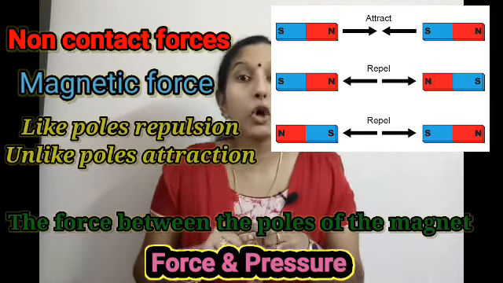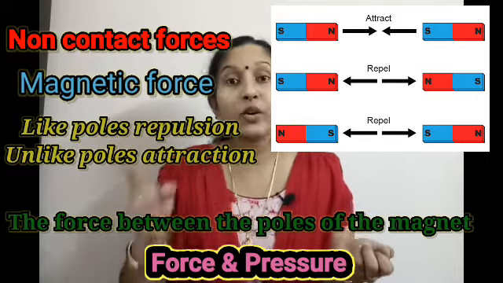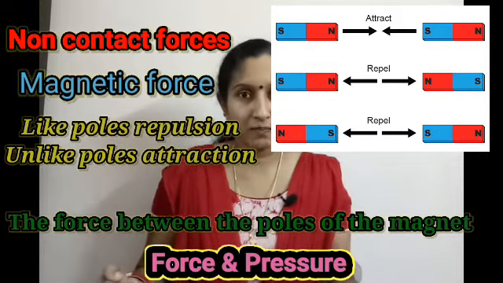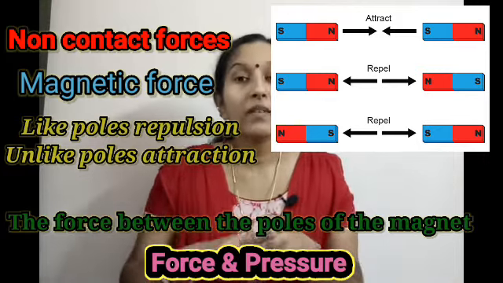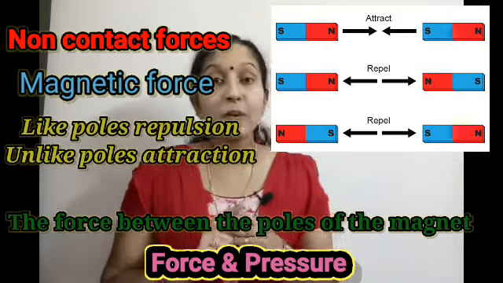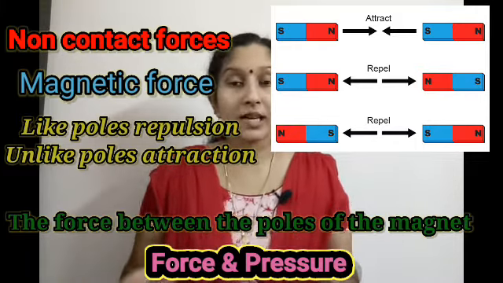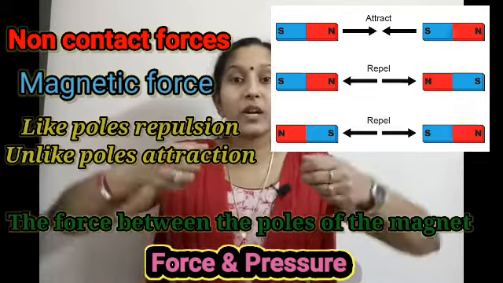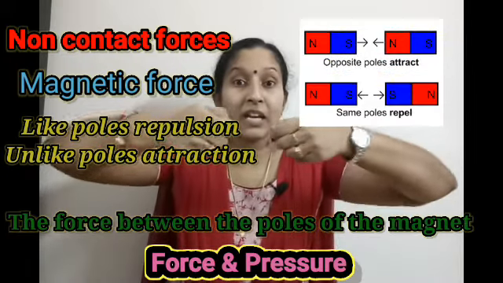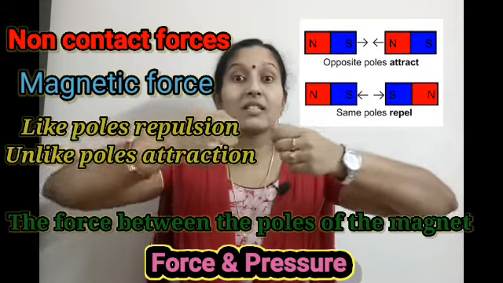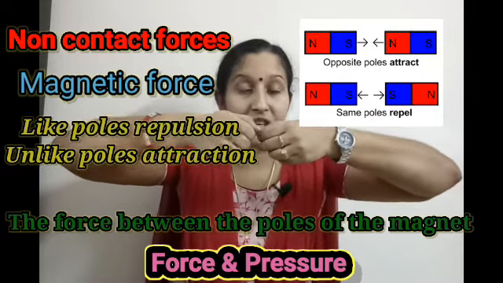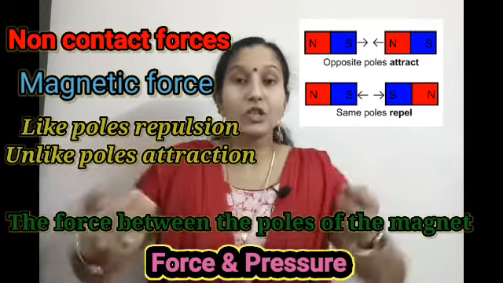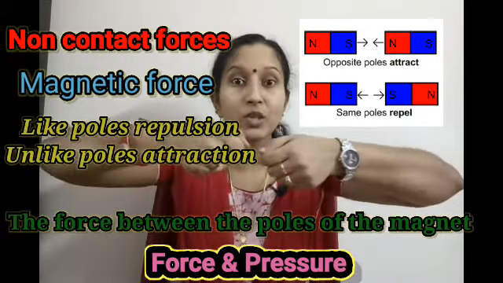And when we bring one South Pole and one North Pole, which means different poles, there you can see the attraction. Different poles, or unlike poles, attract each other. Attraction means they come close to each other.